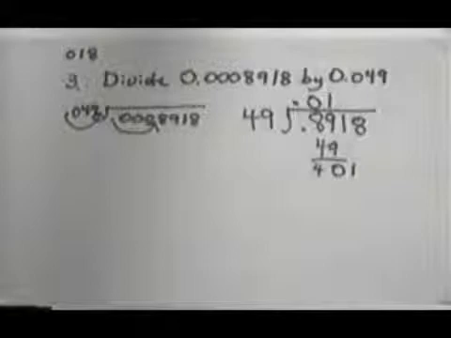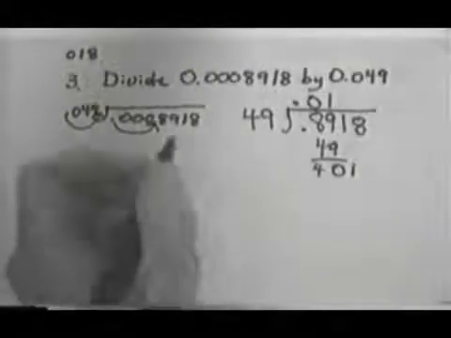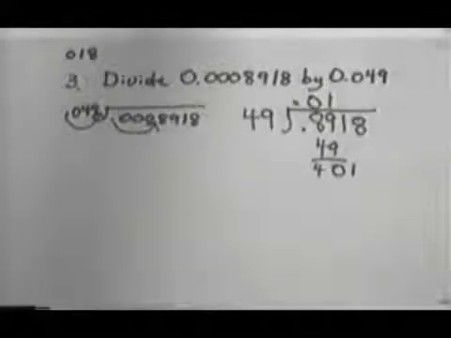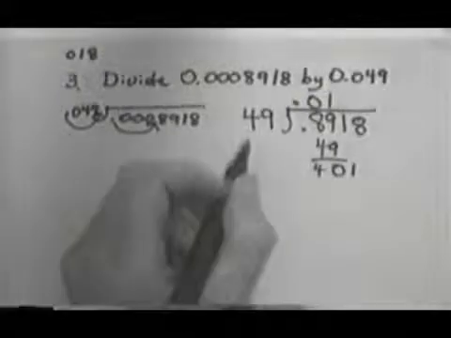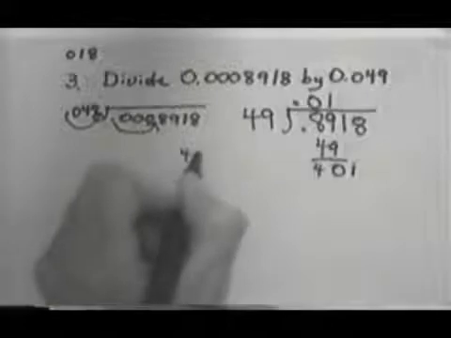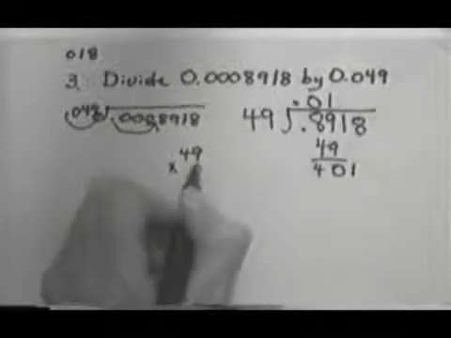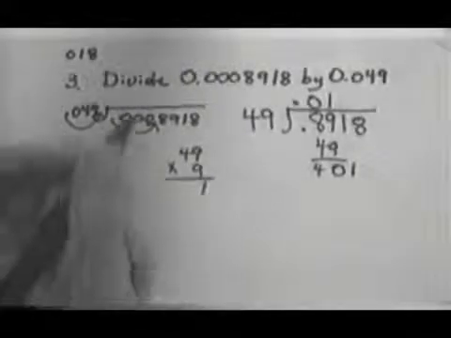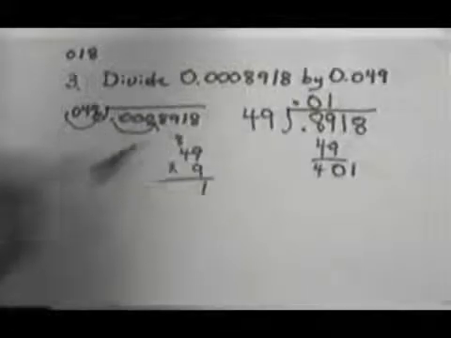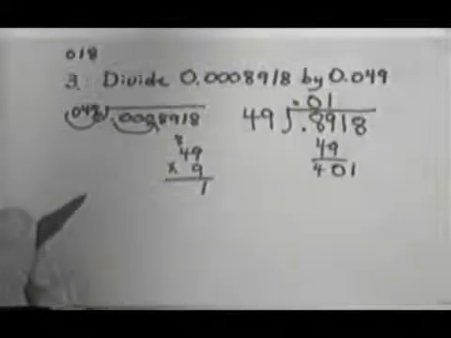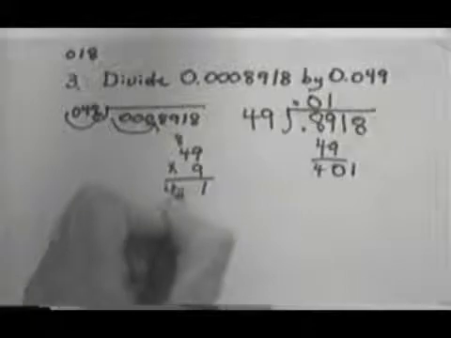And it's going to be hard for us to know how many times 49 will go into 401. So let's just try some things. Why don't we see what happens if we try 49 times 9. That's 81. And carry my 8, 36 and 8 is 44.